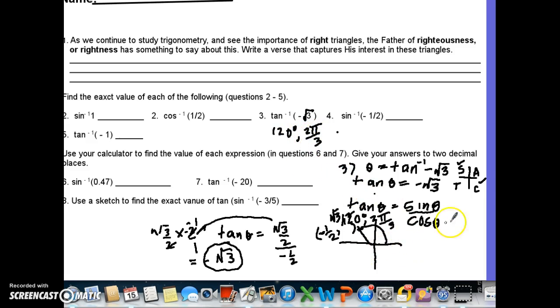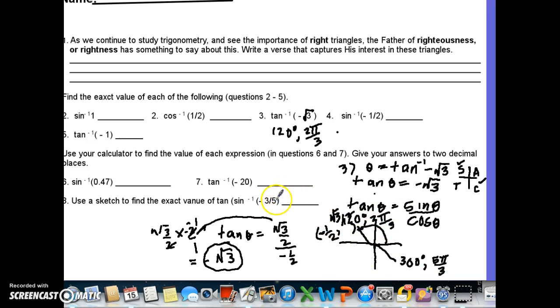And we could also get one from the fourth quadrant over here, and that would be at the 300 degree position, 300 degrees or 5 pi over 3. All right.